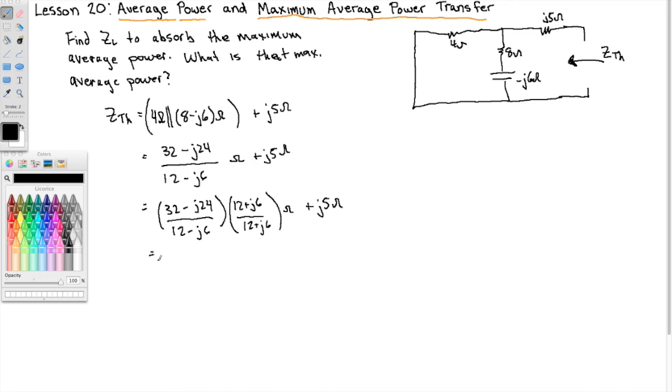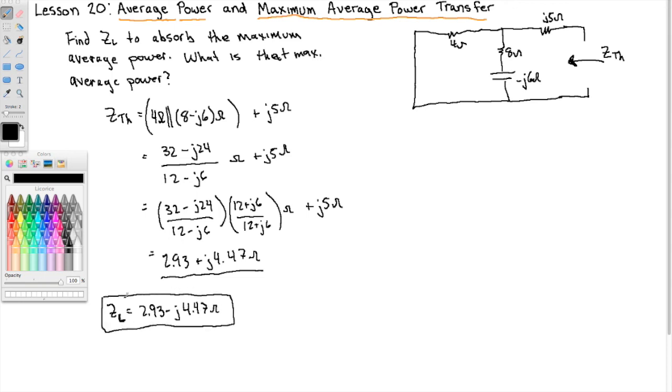When I do that, I get 2.93 plus j4.47 ohms. So this is the Thevenin impedance. To find ZL to absorb the maximum average power, from the result that we just got, I'm going to choose the load impedance to be the complex conjugate of this. This is my load impedance that I will choose to absorb the maximum amount of average power.